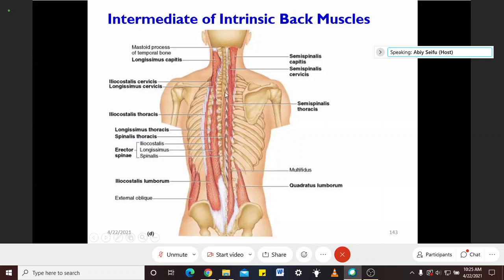More medially, or centrally located, is the spinalis muscle. Those muscles are also segmented into 3 parts based upon their superior attachment.